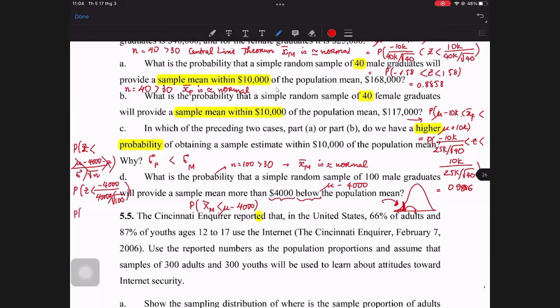So that should give us P of Z smaller than minus 1, or 0.1587. Okay. So that should give us the answer for question D. Any questions, class?